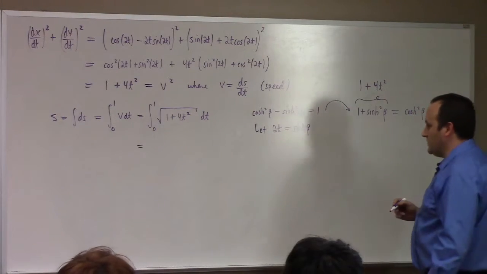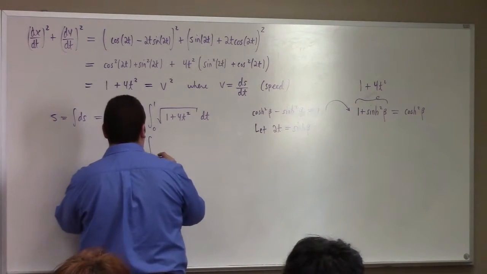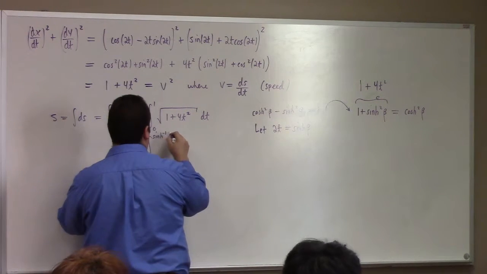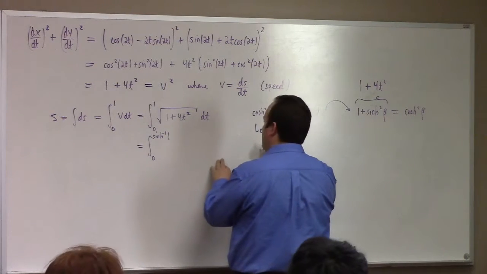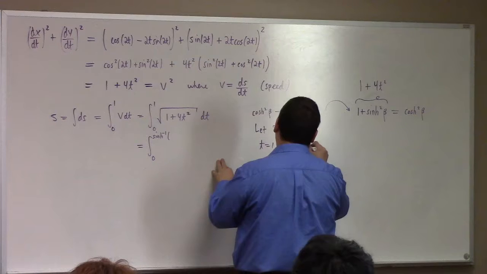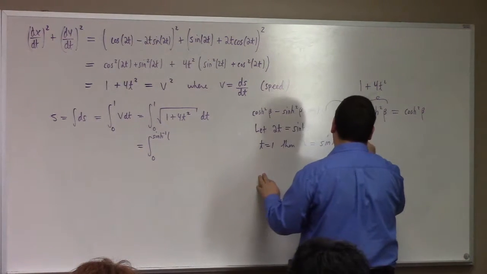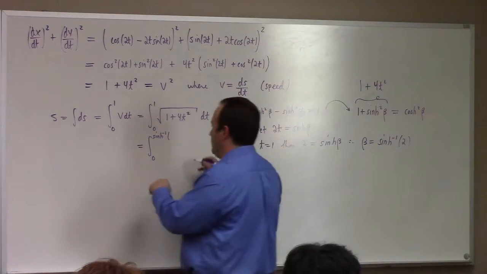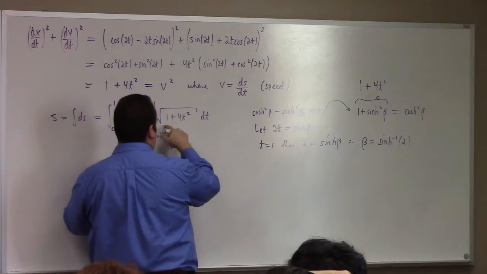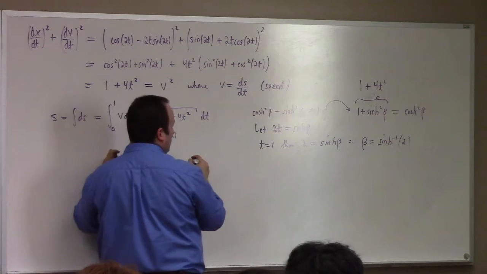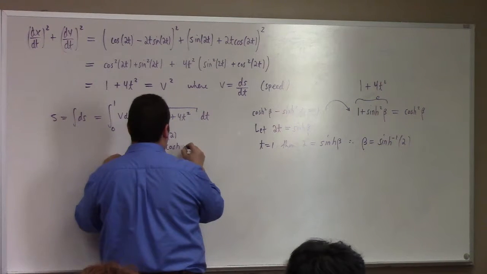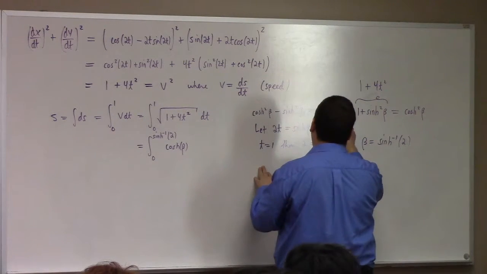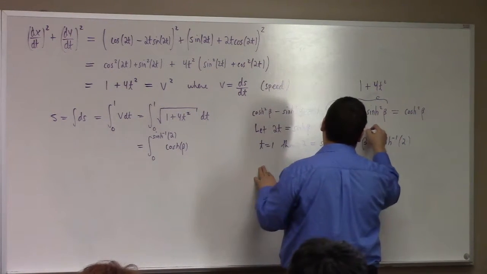All right, so with that substitution, we have the integral from 0 to the inverse hyperbolic sine of, let me think about this for a second here. If t equals 1, then 2 is equal to sinh beta. So therefore beta is the inverse hyperbolic sine of 2. So the inverse hyperbolic sine of 2 is the transformed upper bound. This stuff becomes cosh beta, and my dt is 1/2 cosh beta d beta.